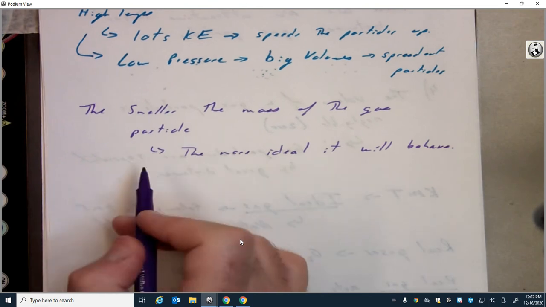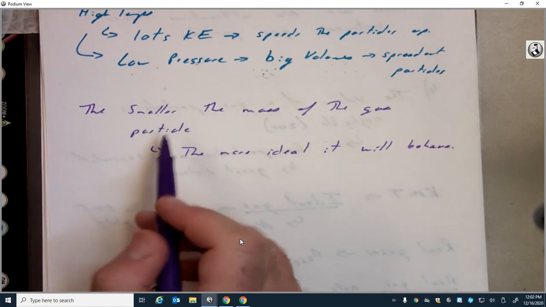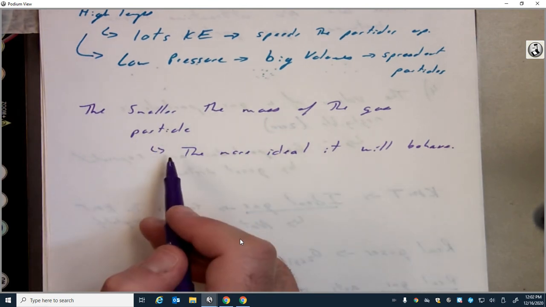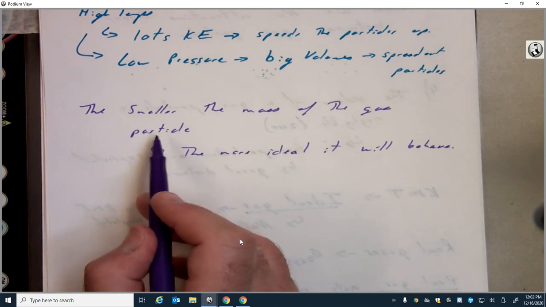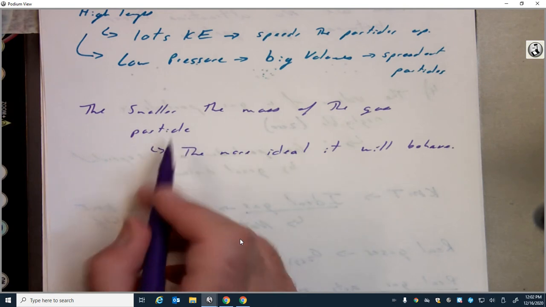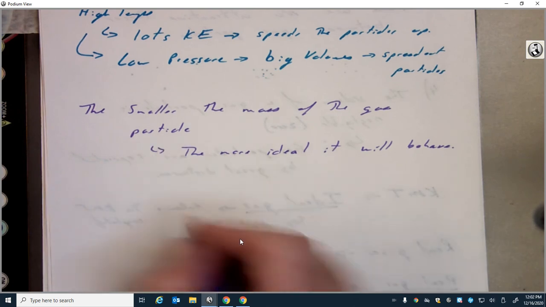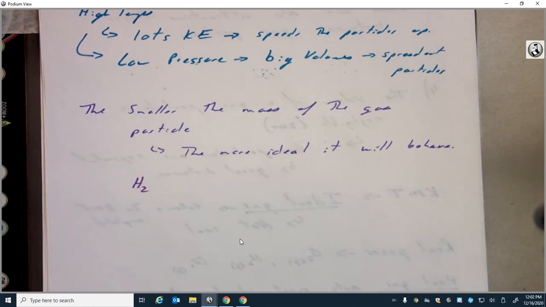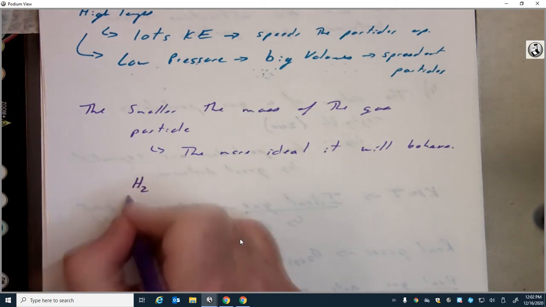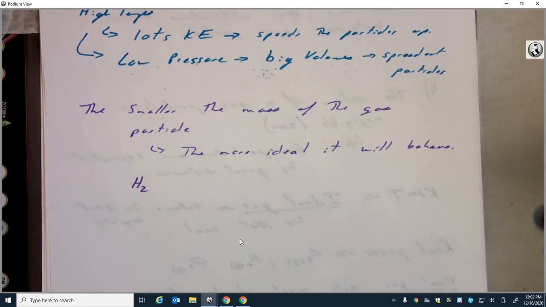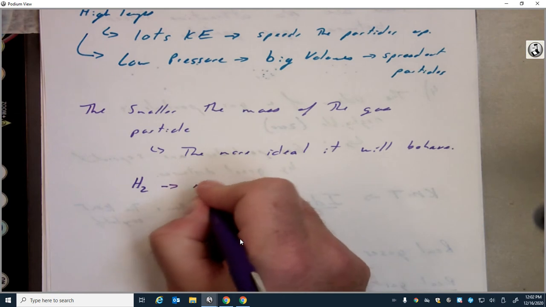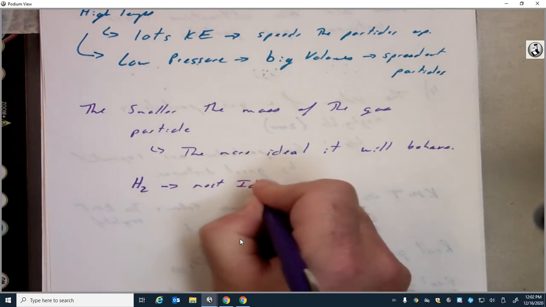So our KMT says, look, our gas particles basically have no volume, no mass, right? So that's what the KMT says. So if we use real gases with small mass, they're going to act more ideal. So atomic hydrogen is our smallest gas particle. It will act the most ideal.